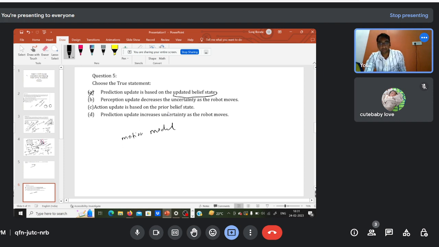Yes, when you do the perception update, the uncertainty of the robot decreases. Why? Because when the robot moves, the motion model of the robot will give us some information about where the robot will be. Action update is based on the prior belief state. Okay, so this is true.